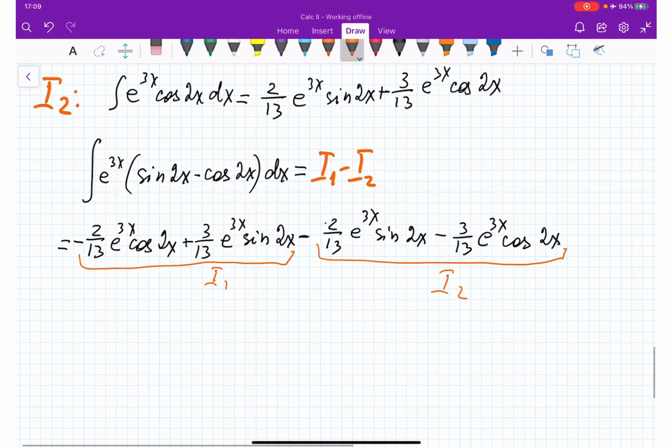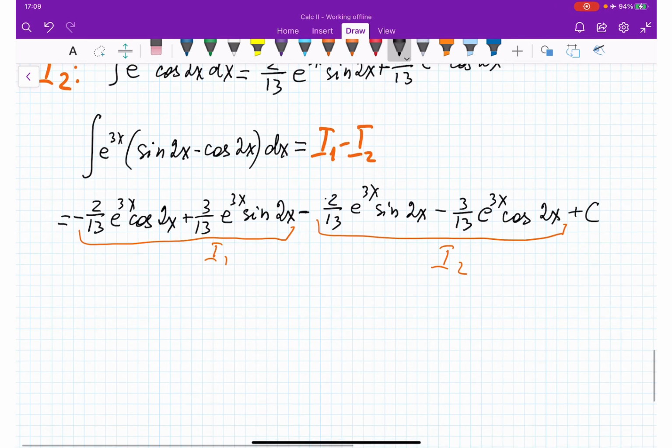Okay, and from here let me add also C, the constant, right? Because we never know what the constant can be, and since the derivative of a constant is 0, therefore from under the integral always has to come out also C. And this is going to be equal, once we combine like terms, cosine 2x, cosine 2x, sine 2x, sine 2x, and e to the power 3x, I'm not counting because it's everywhere.